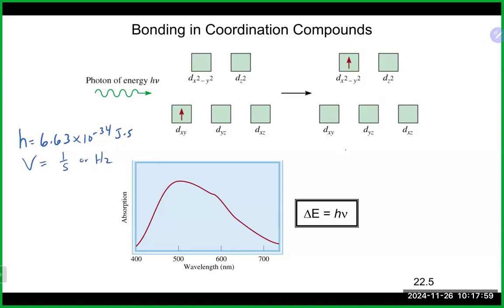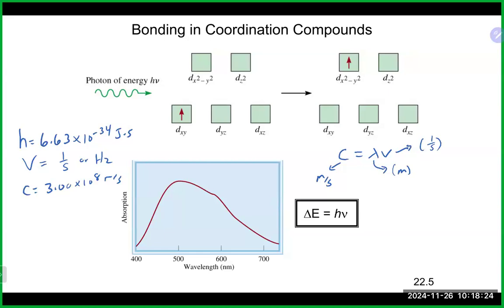That also is related to c equals the wavelength times the frequency. c is our speed of light, 3 times 10 to the 8 meters per second, lambda is our wavelength in meters, and that is our frequency in reciprocal seconds.